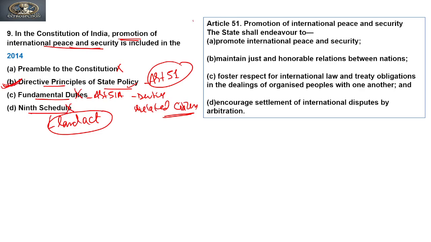Now if you see Article 51 of the Constitution, it talks about the promotion of international peace and security. It says that the state shall endeavour to promote international peace and security, maintain just and honourable relations between nations, foster respect for international law and treaty obligations in the dealings of organised peoples with one another, and encourage settlement of international disputes by arbitration. So, international peace and security is a duty of the state provided under Article 51.